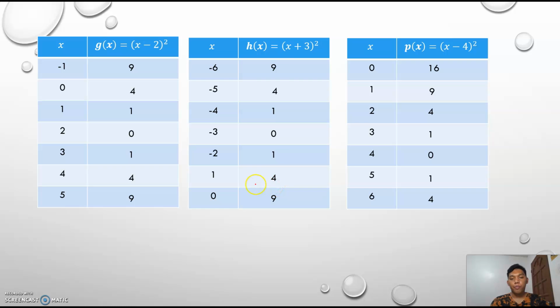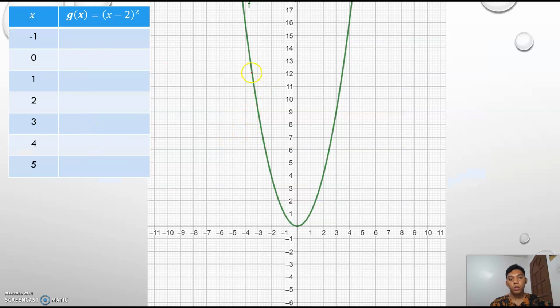Alright, so now let's graph each function, comparing each function to the parent function. This is the graph of y equals x squared, remember? Now we graph these points for the function g of x.